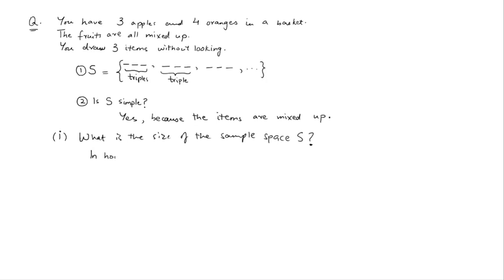In how many ways can you draw, or pick, or select three items from how many items do we have? 3 apples and 4 oranges, so that's 7. 3 plus 4 equals 7 items.